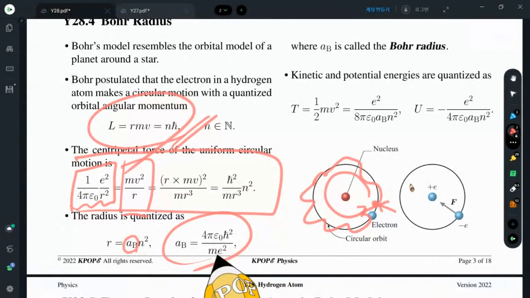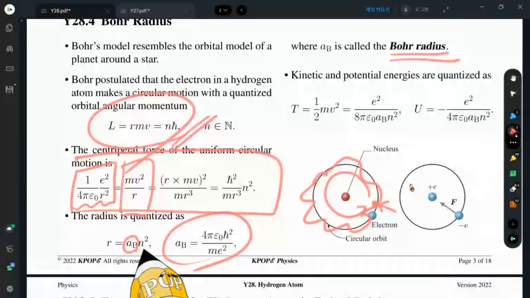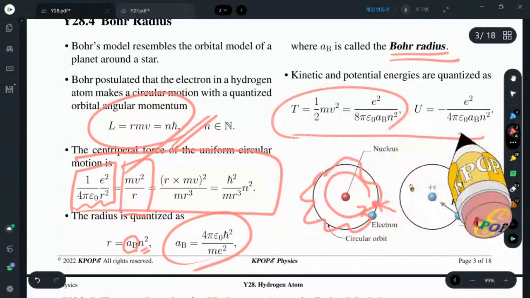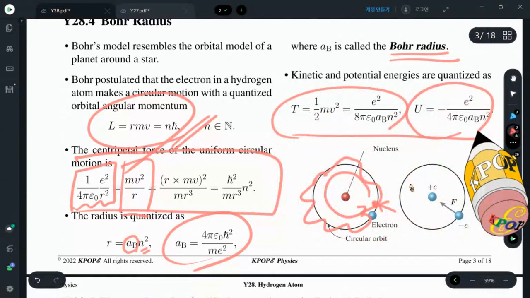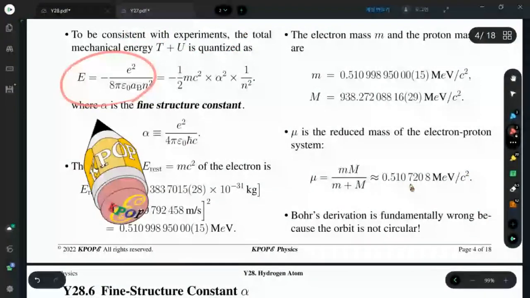Now we call it the Bohr radius, multiplied by an integer squared. If you use this to find the kinetic energy and potential energy, we can compute the total mechanical energy, which is always negative.